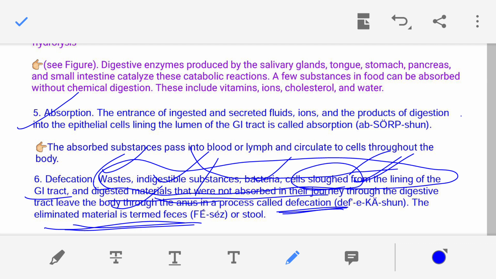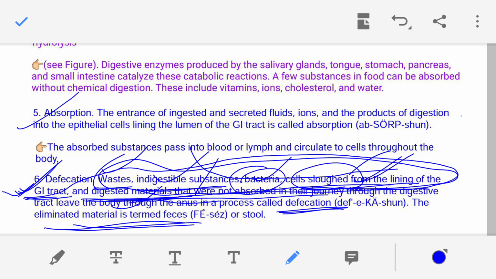And the final process is defecation. I have already explained this. Defecation means the removal of feces. So what is there in the feces? The waste materials are there: the undigested food substances, the bacteria, the cells which are sloughed off from the lining of the GI tract, and the completely digested food.